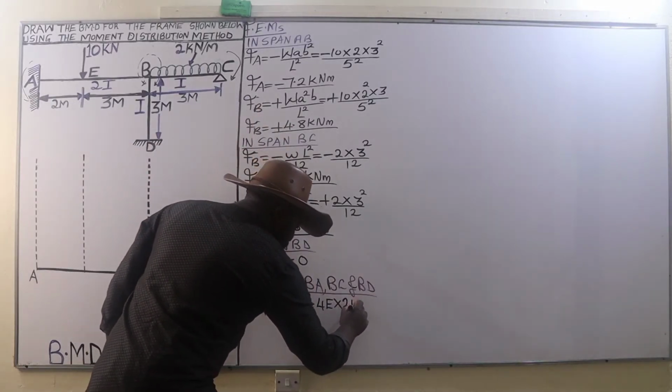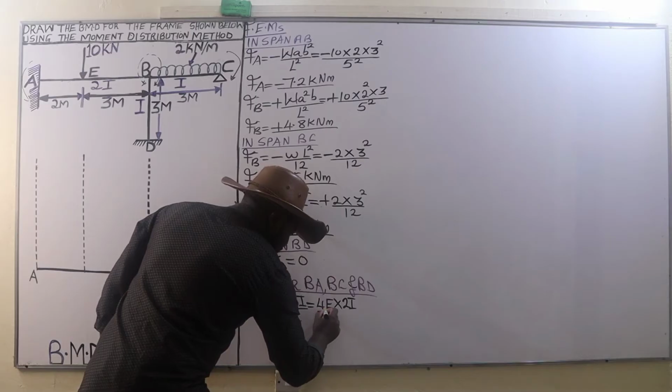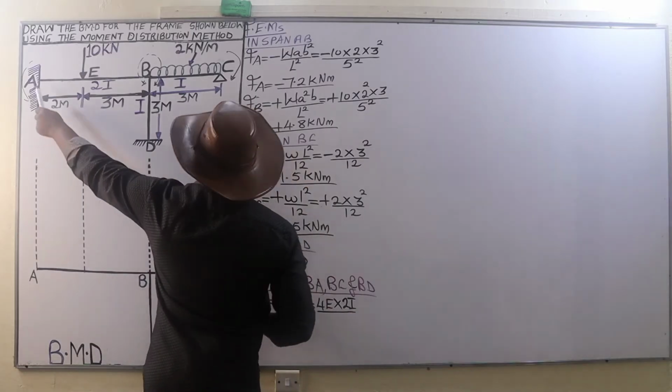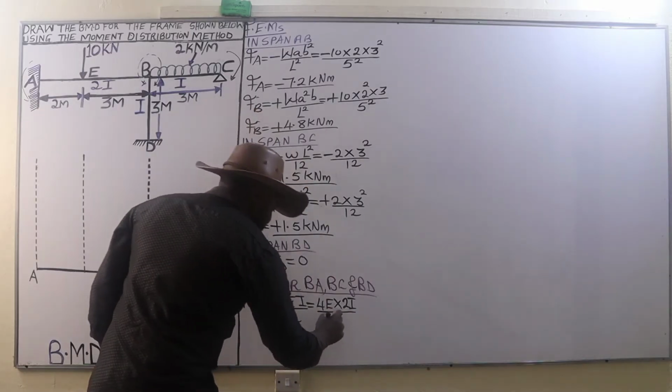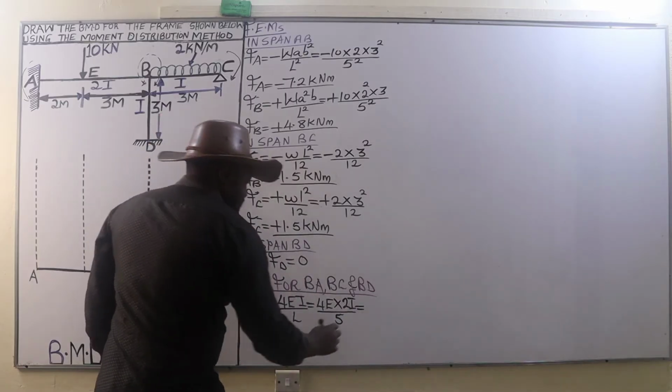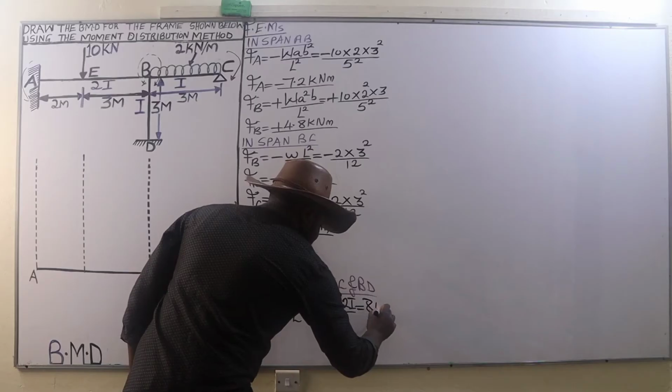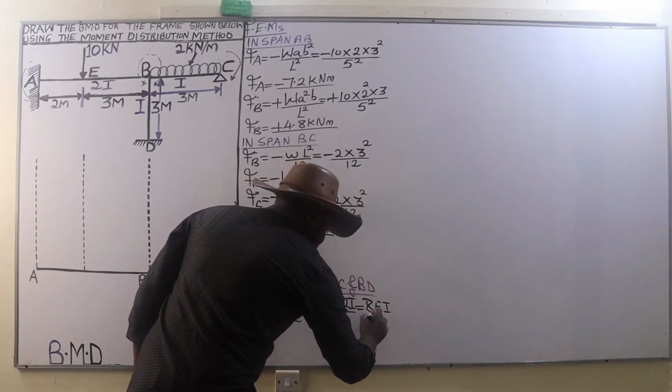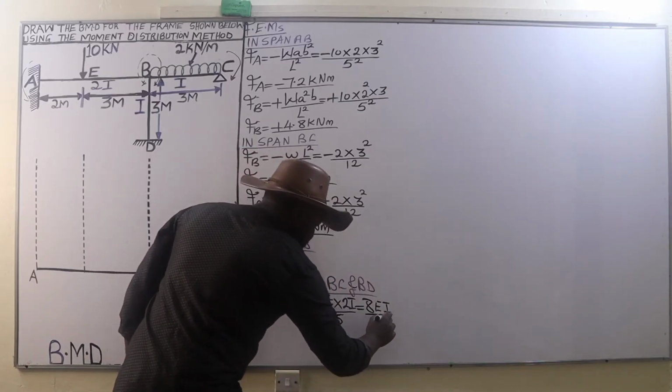So multiplied by 2I. Then we divide this by L, the span AB, which is 5 meters. And this is going to give us 8EI divided by 5.